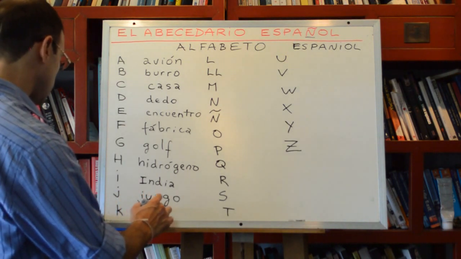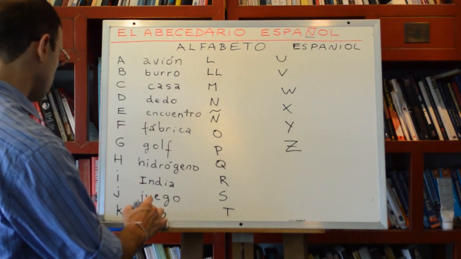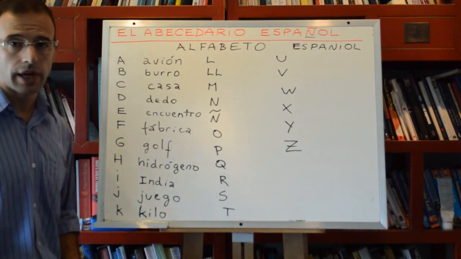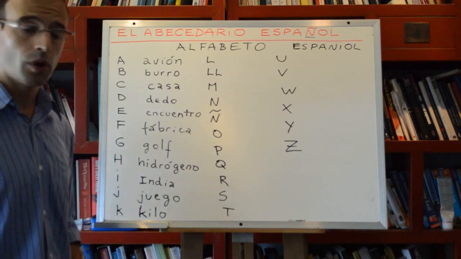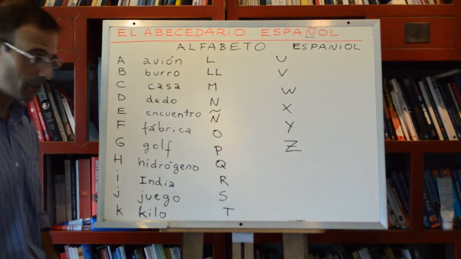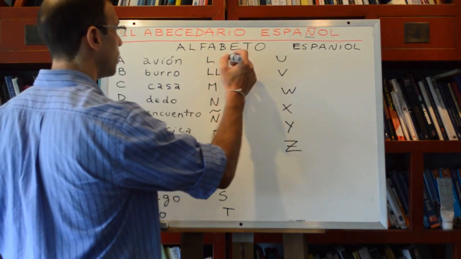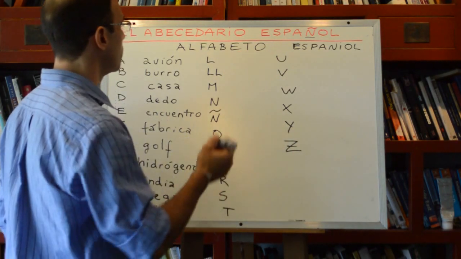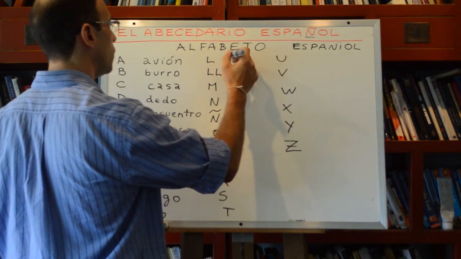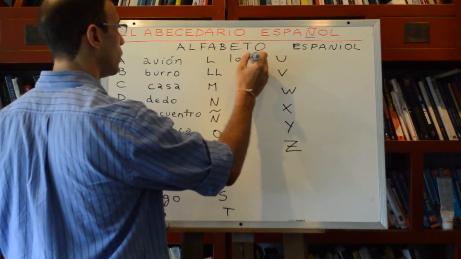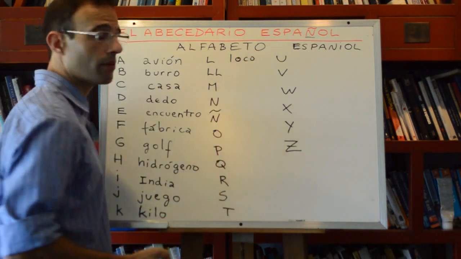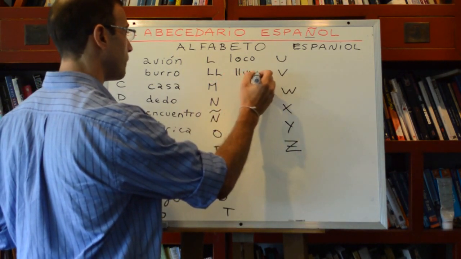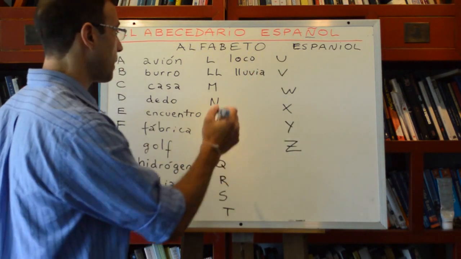Kilo, okay, with K, kilo, can work for kilogram, kilogramo, or kilómetro, or whatever starts with kilo, okay? With L would be loco. Loco means crazy. Lluvia, rain.